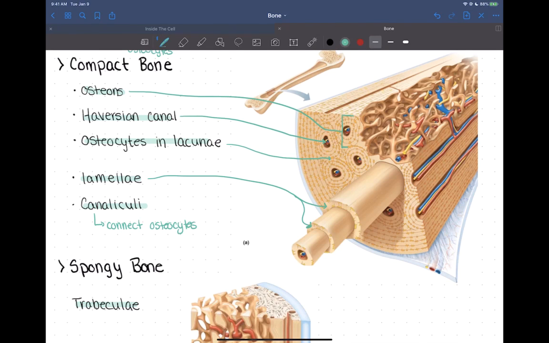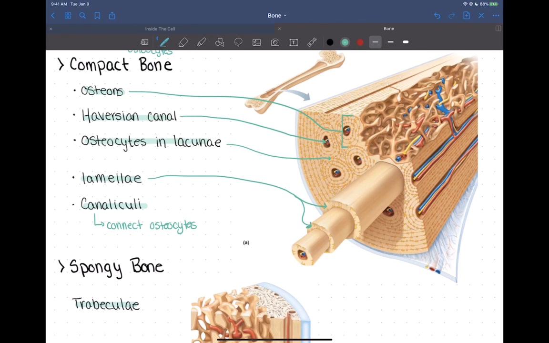That way it also connects them to this Haversian canal. The ones closest to the Haversian canal have little canaliculi going to it, and then they're connected to the next ring, so we can pass along nutrients and that kind of thing through those canaliculi. Okay, good.